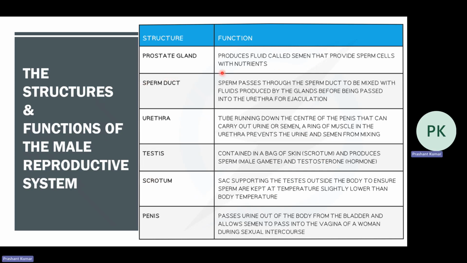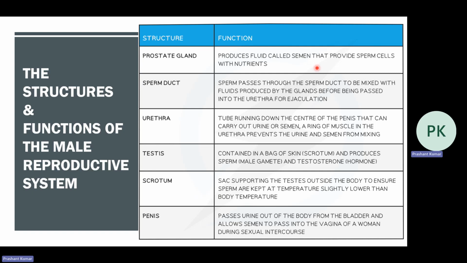Prostate glands generally produce a liquid called semen that provides sperm cells with nutrition. The sperm duct is a tube that is mixed with the fluid produced by the gland before being passed into the urethra for ejaculation.